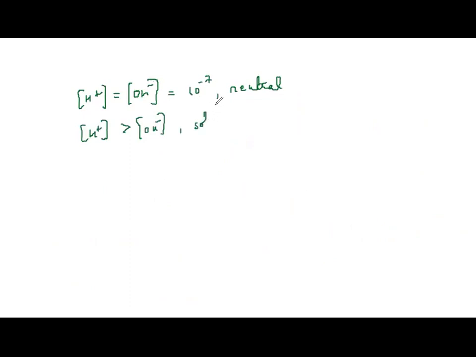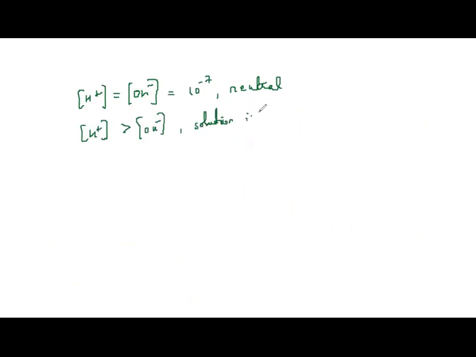H plus ion concentration is equal to OH minus ion concentration. That will be equal to 10 raised to minus 7, because when you multiply both of them, it becomes 10 raised to minus 14. That is the ionic product of water. And I call it neutral. Correct?